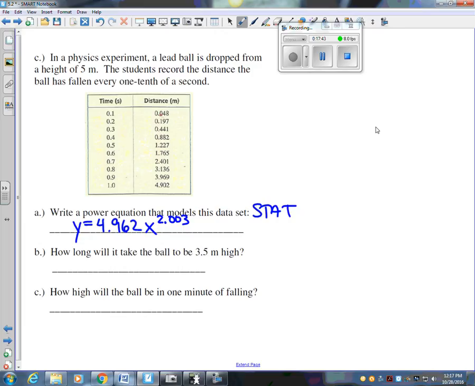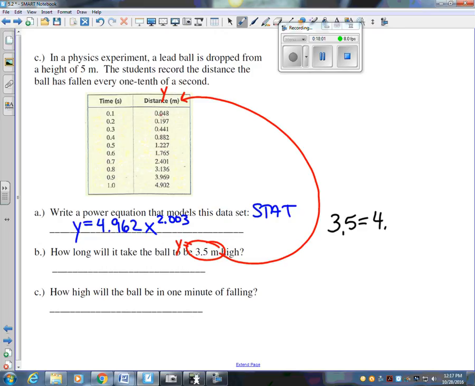All right, how long will it take the ball to be 3.5 meters high? Well, meters is here in the table, which is a y value. So y is 3.5. So when I plug that into the equation, I need to do 3.5 equals 4.962x to the 2.003 power.